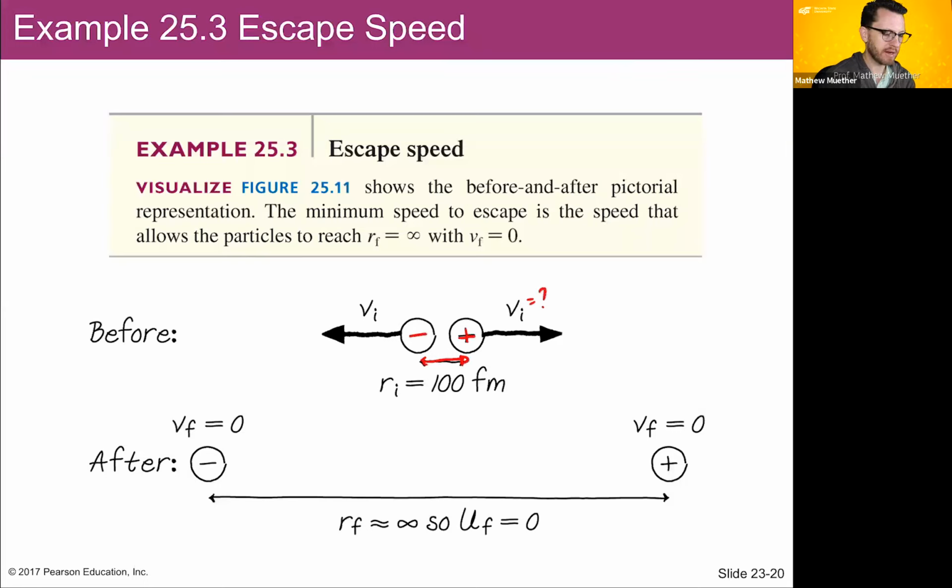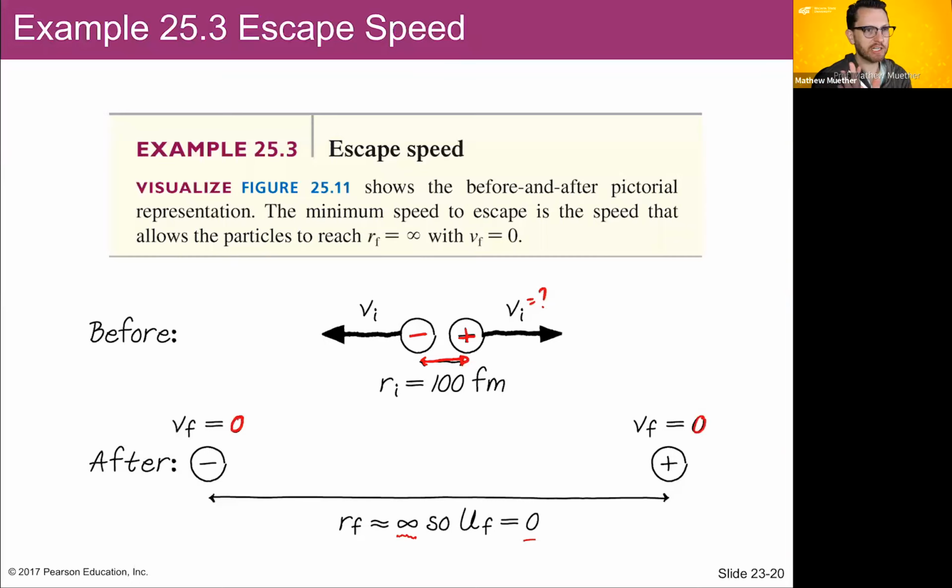So here's a diagram of what it means to just barely escape from each other. It's that at some later time I look and the particles are off at very far distance away from one another. Okay, so that potential energy has gone to zero. But at that point, they've just exhausted all of their available kinetic energy. So you see that their velocities are turning off.